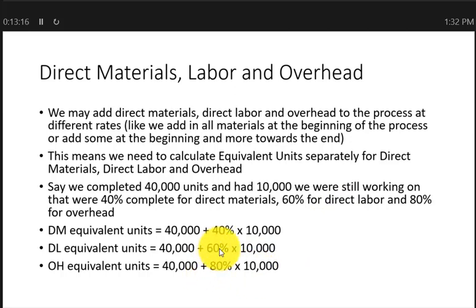So that's the idea, that you add these things separately. Now, sometimes they aren't very different, meaning the materials, labor, and overhead are added kind of the same, and so you'd have the same percentage, and you don't have to do it separately. But we need to know how to do it either way.